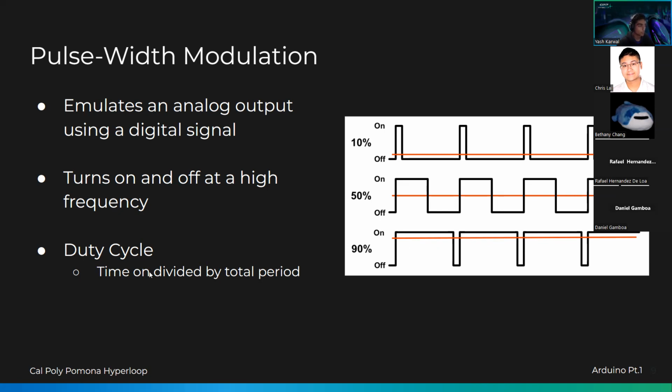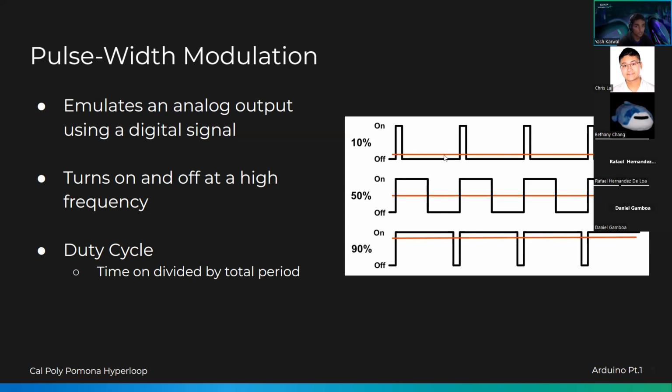If you look here, the duty cycle is noted right here. It is the percentage of time the component is on over the total period of time that it's running. If you look at the period right here, from this peak to here, that's its period. It's only on 10% of the time and off the rest of it.